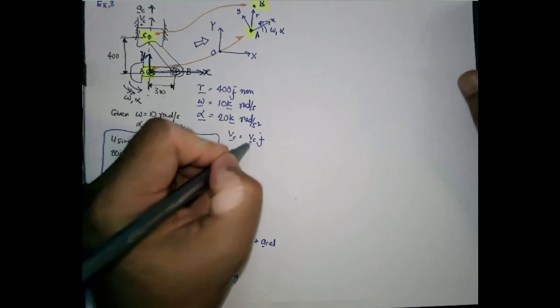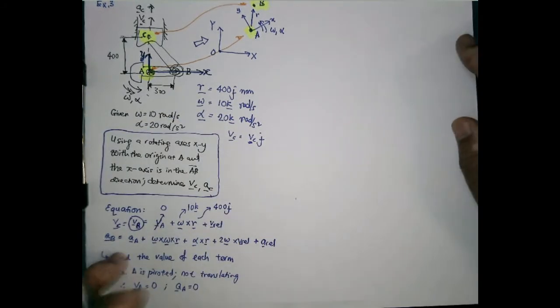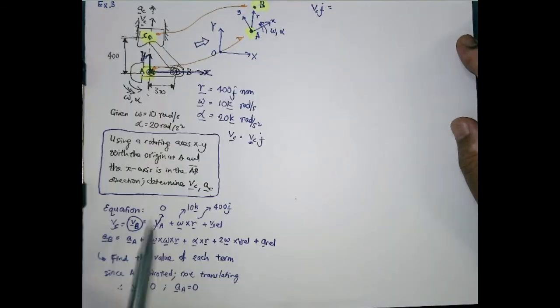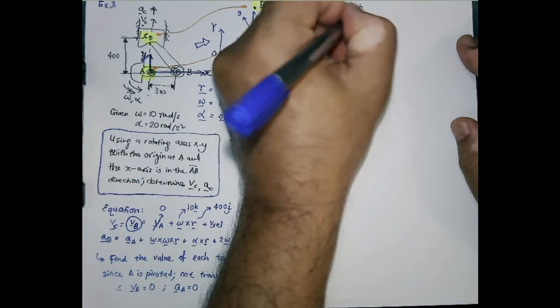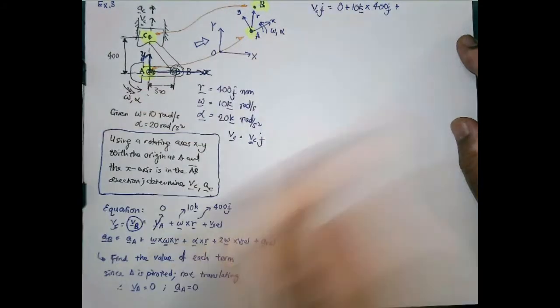So if we write this equation again, VCJ equals 0 plus 10k cross R 400J plus V relative.